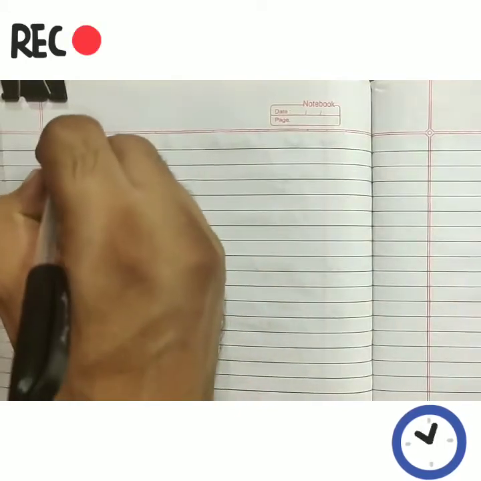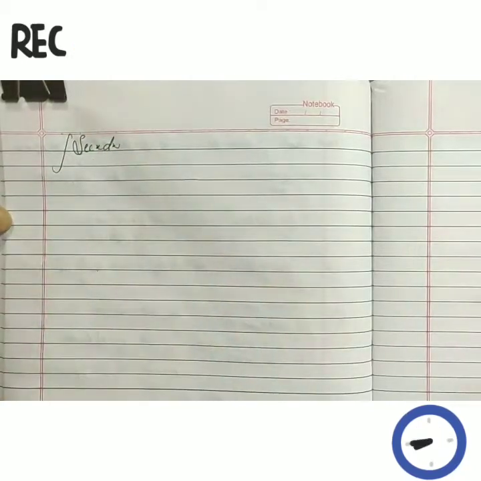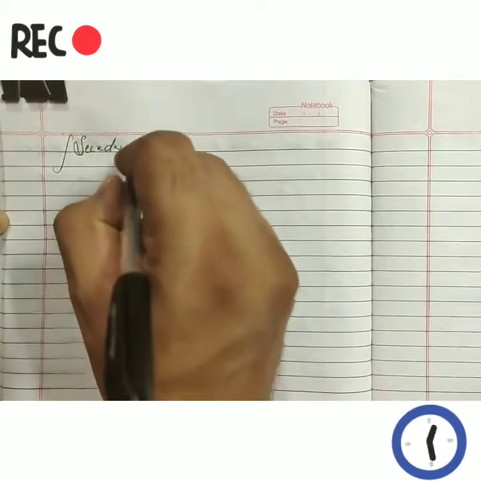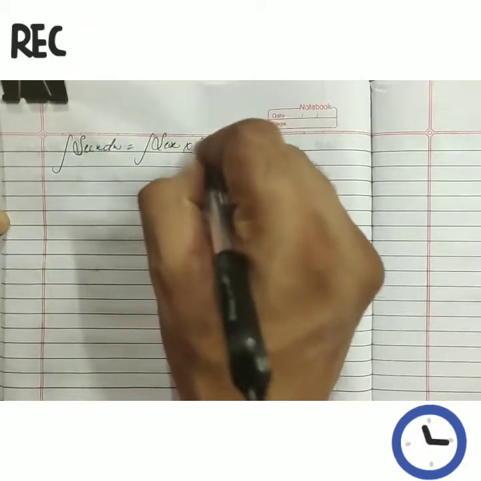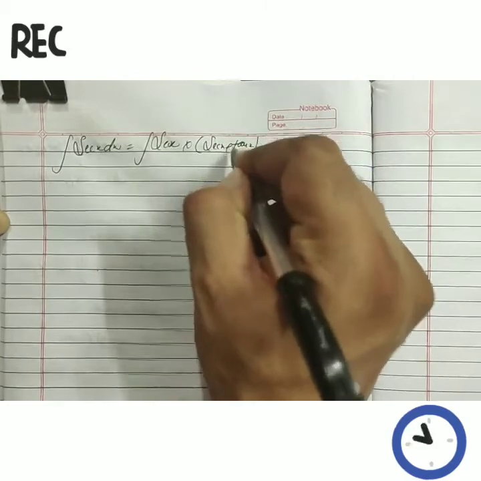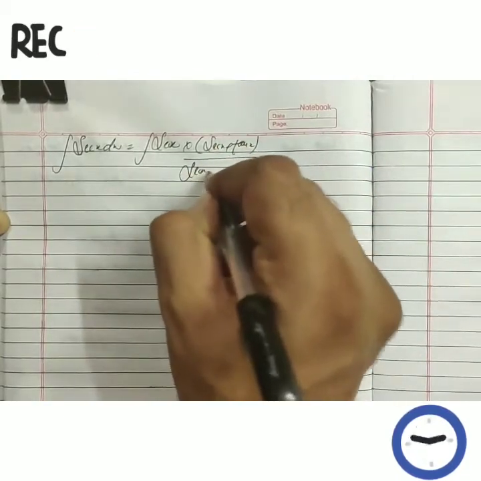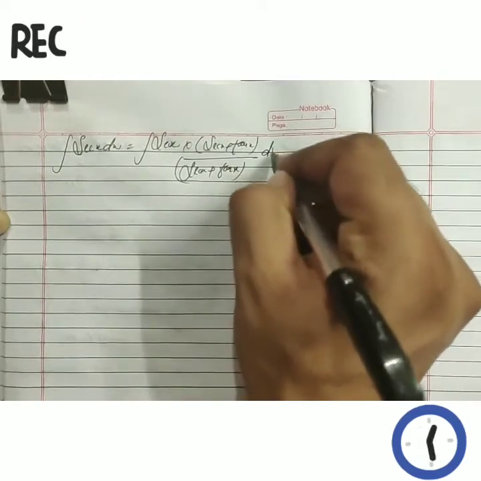Now we have the integration of secant x dx. How can we integrate secant theta? To integrate this, first of all, we multiply by secant plus tangent and divide by the same value, secant x plus tangent x, dx.